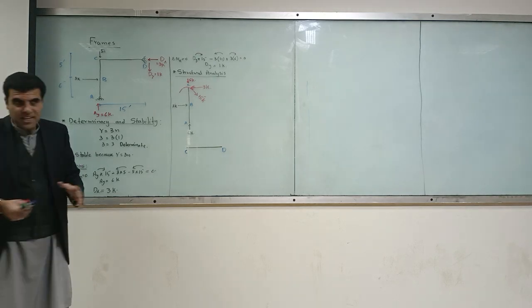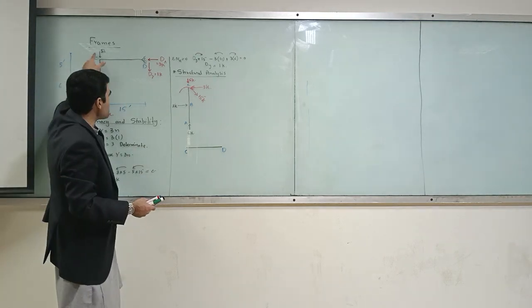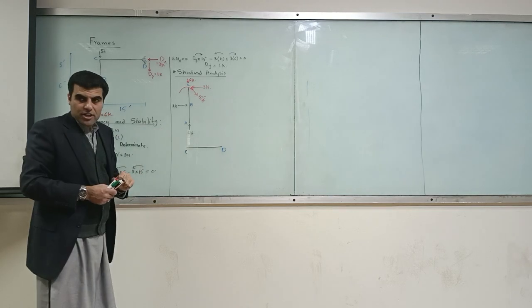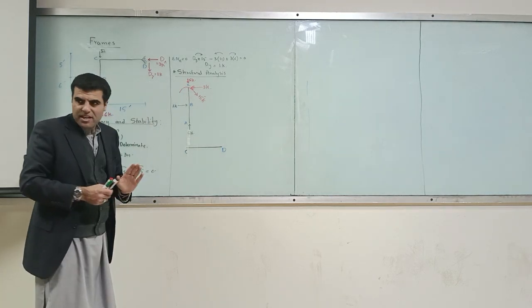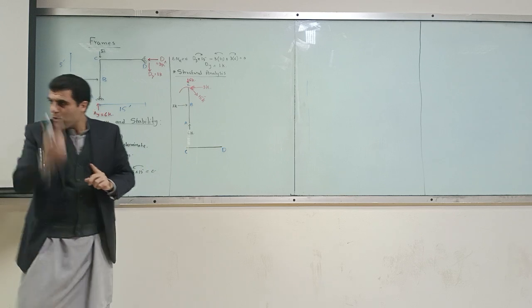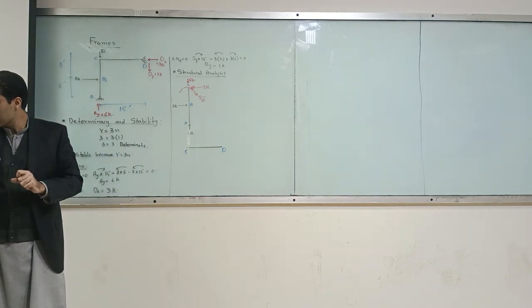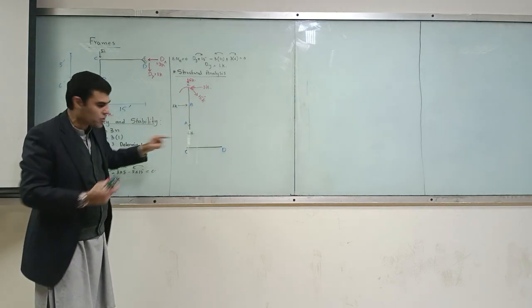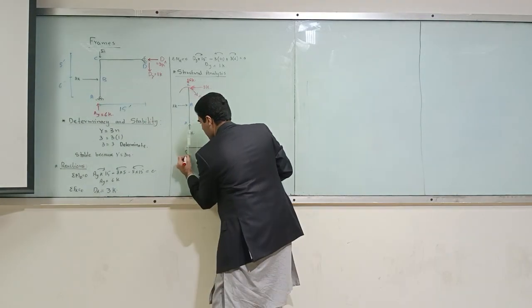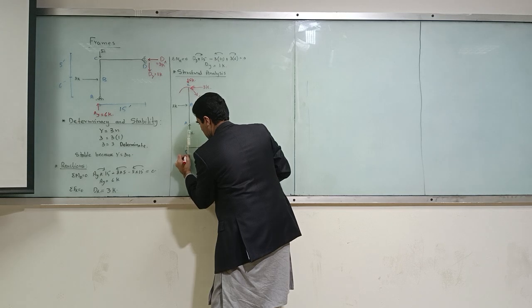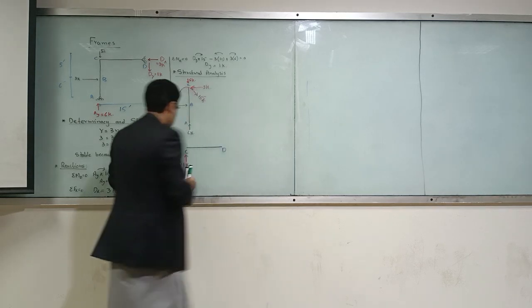But currently we have 5 kip applied on this joint. So what should I do? I've got 6 kip in this direction. I must apply 1 kip in the opposite direction in order to get the net force of 5 kip. So I apply 1 kip in this direction.